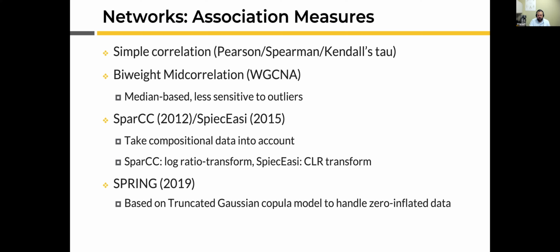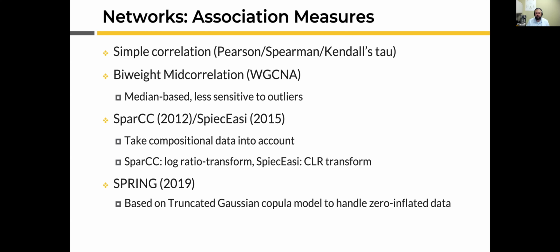SPRING is a more recent one. I have a little description there, but it's a lot more complicated, so you can look up the paper if you're interested. One of the things SPRING was specifically designed for was to handle zero-inflated data, which, as I mentioned, is often common in microbiome data, but it's not always the case.